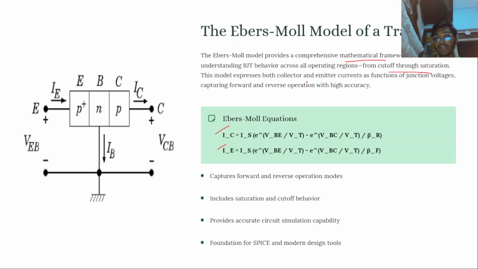This model expresses both collector and emitter current as junction current-voltage relations and captures forward and reverse operation with high accuracy.